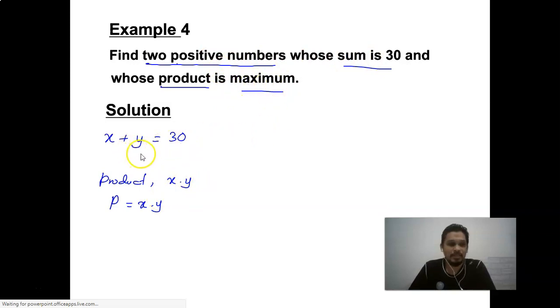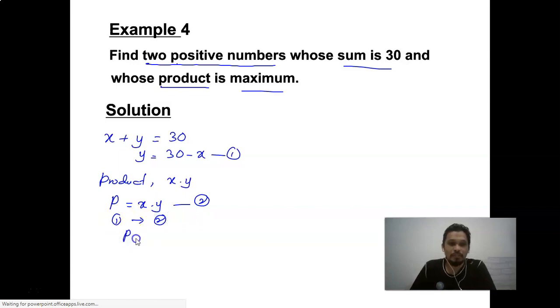And then let's make this one y equal to 30 minus x. We make this equation 1 and here equation 2. So we substitute equation 1 into equation 2.